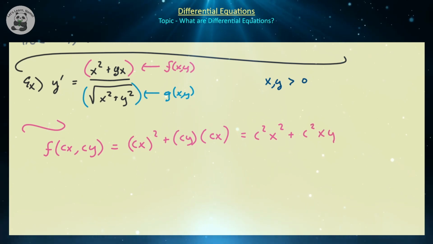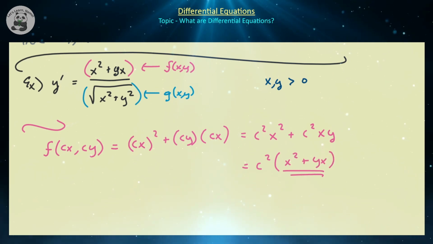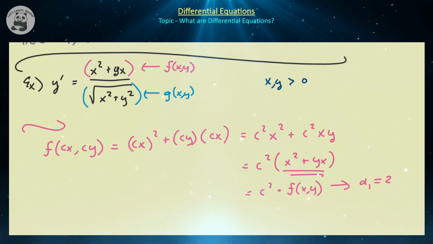And so in this case we have c squared times x squared plus yx. Notice that the thing in parentheses is precisely the original function, so this is equal to c squared times f of x y. So f has a degree of homogeneity, let's call it alpha sub f, of 2, right?